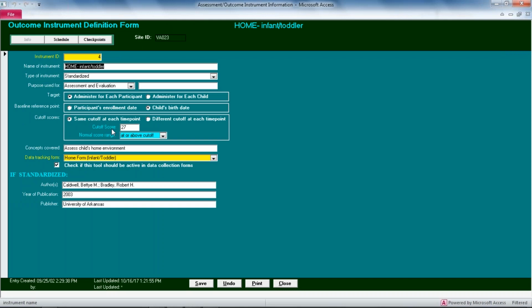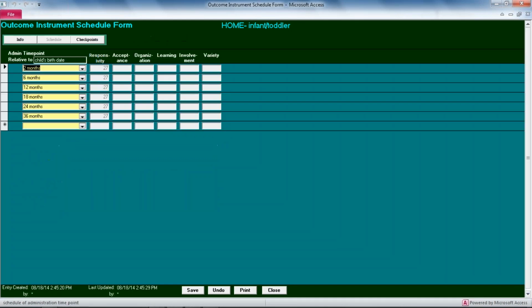It's a little lower than the early childhood. It's at 27 rather than 29. And again, it's at or above the cutoff, which would be reflected on the schedule of when that instrument should be applied for each family.